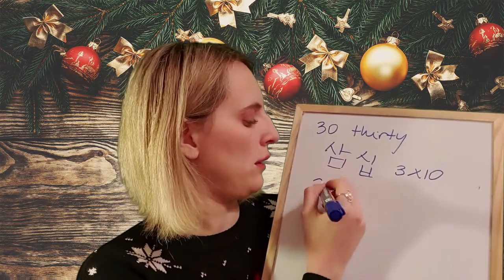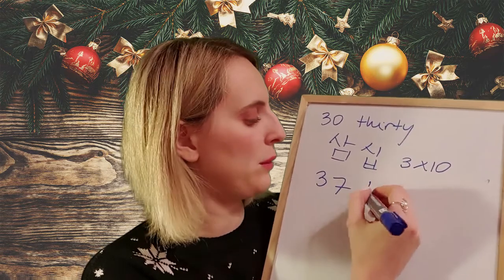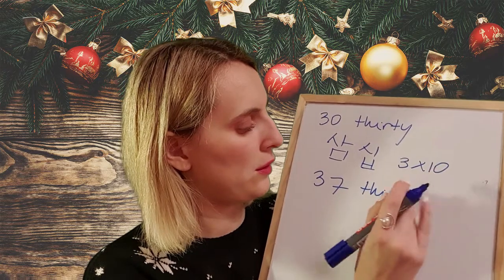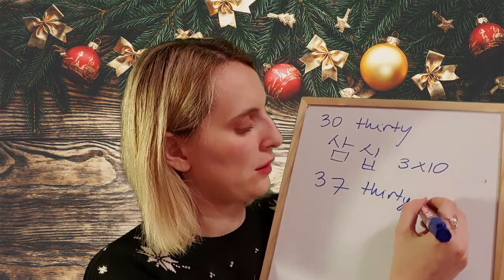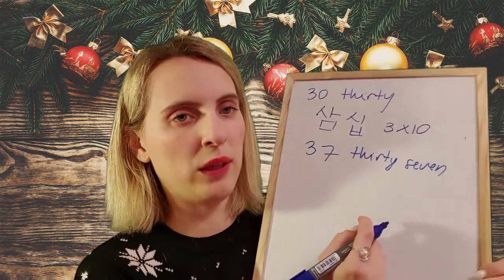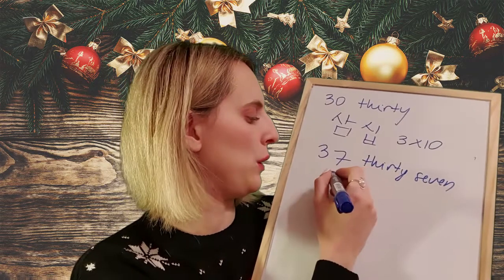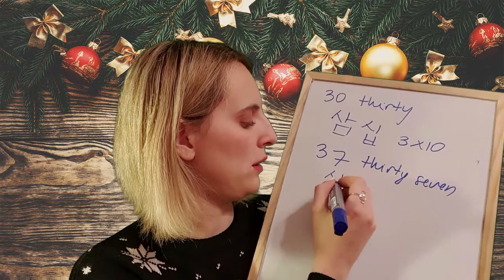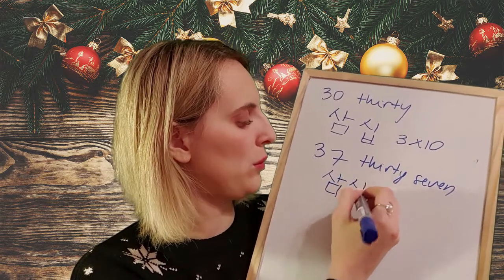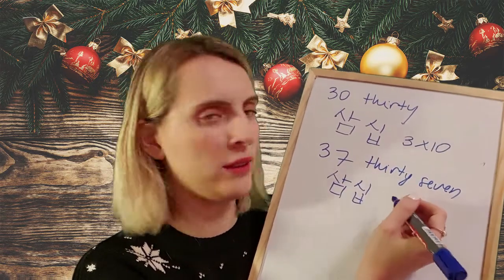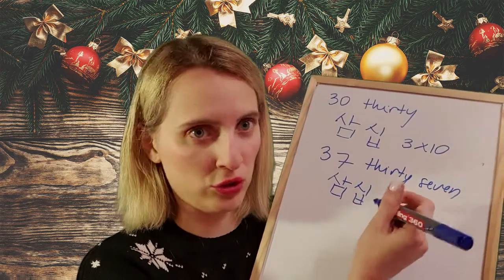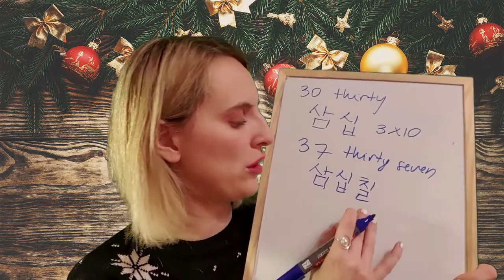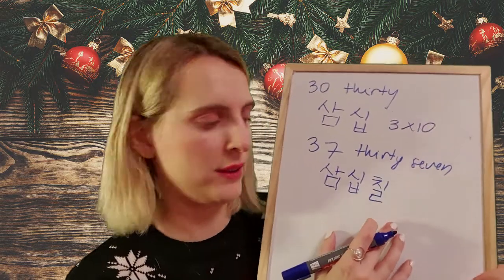And 37, for example. We know that 30 is sam ship, right? And how is 7? Chil, right? Because we are chilling. Sam ship chil. It is 37.